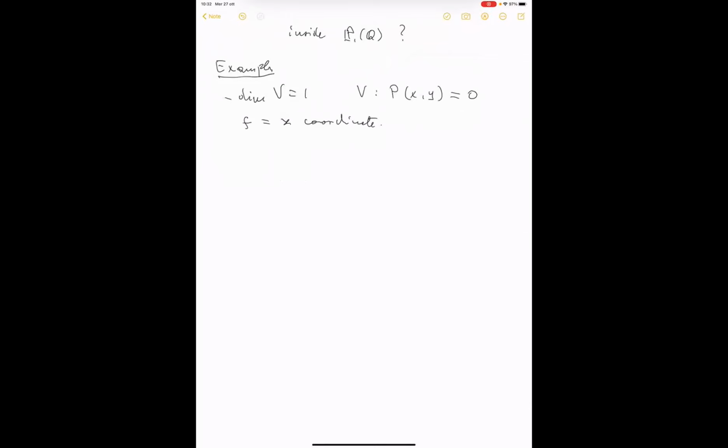We are asking for which rationals t the equation P(t,y) equals 0 has a rational solution.